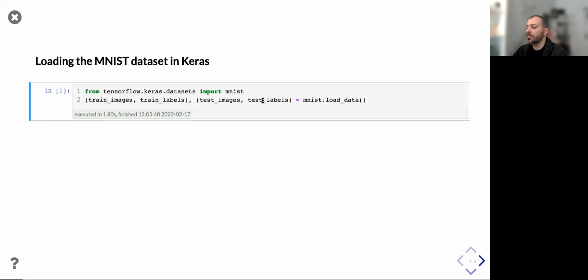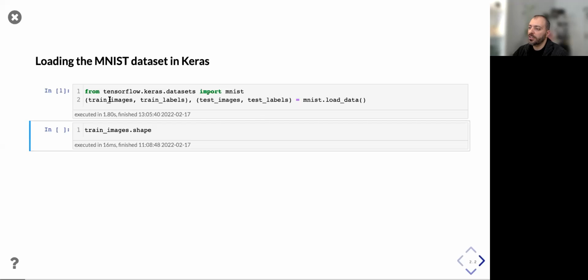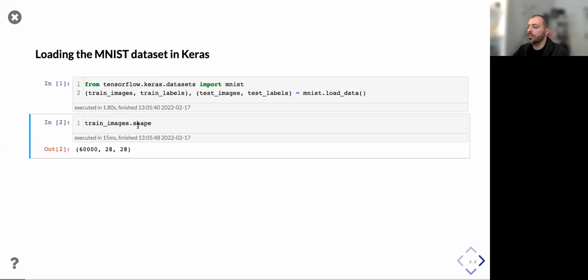Now let's see what these things are. First of all, train images, as I mentioned before, are these 28 by 28 pixel images. With .shape, we can get the shape of this thing. We haven't yet discussed what this is. It is actually a tensor, a rank 3 tensor. But just think of it as 60,000 images, 28 by 28, as you can see here.